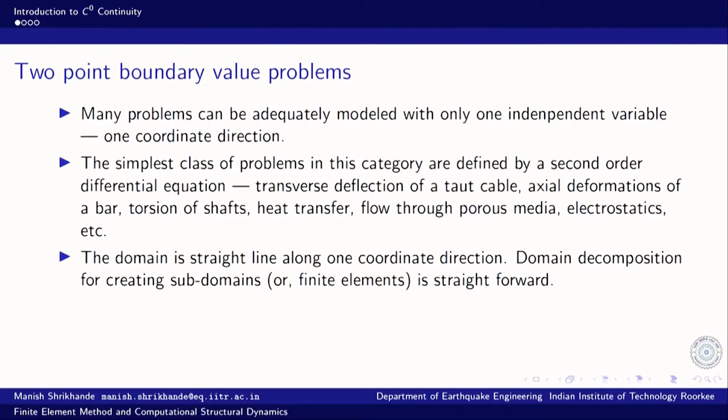The domain is a straight line along one coordinate direction, and therefore, the domain decomposition, as we discussed about the concept of finite element, is that we define the total domain of the problem as an assembly or as a union of several non overlapping subdomains or finite elements.